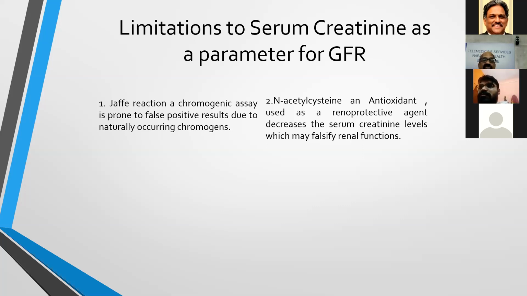So if you take serum creatinine as a sole parameter, we may make errors in the judgment with regard to renal failure. Similarly, in patients who are acutely ill or in acute postoperative phase, because of the shifts in the body fluids and because of the hemodilution, the creatinine values may not accurately represent the onset of acute kidney injury in these patients.